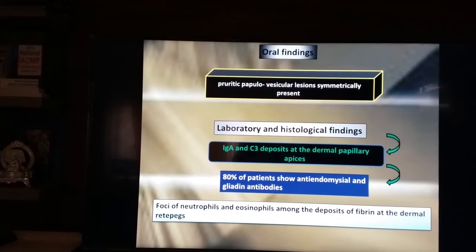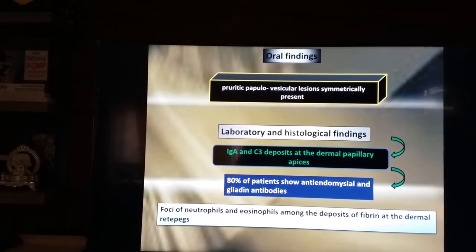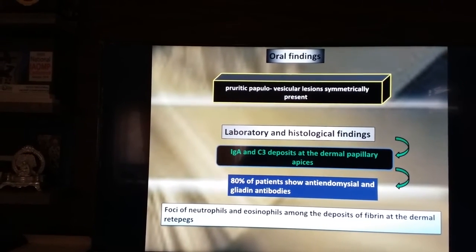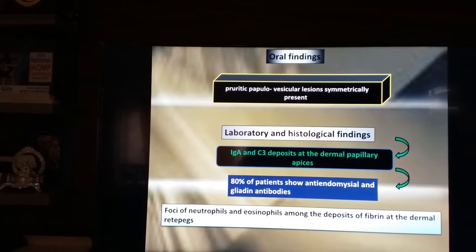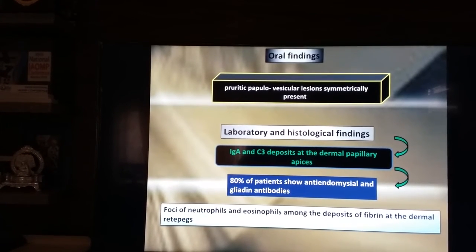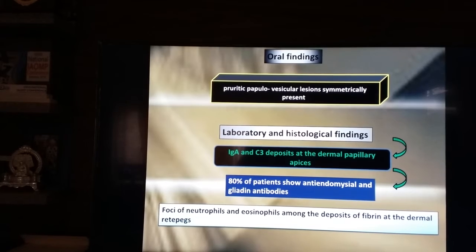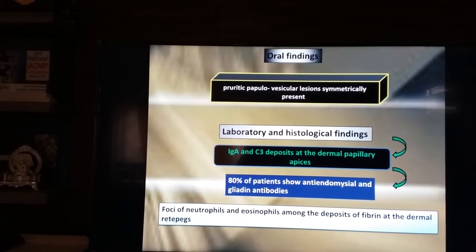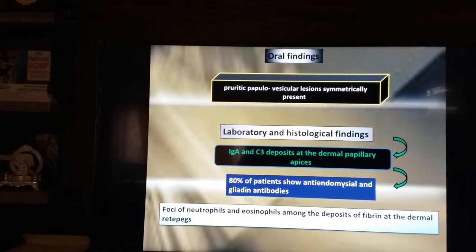papillovesicular lesions symmetrically present. Laboratory investigations will find the presence of IgA and C3 deposits in the dermal papillary tips. About 80% of the patients show anti-endomysial and gliadin antibodies.